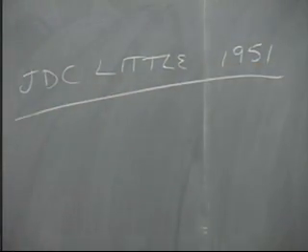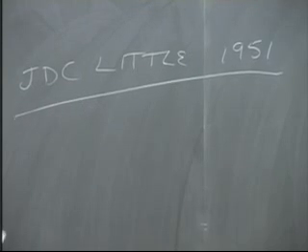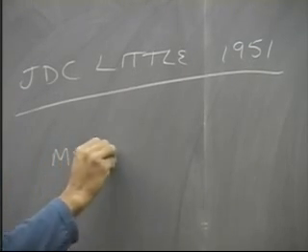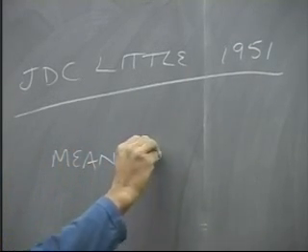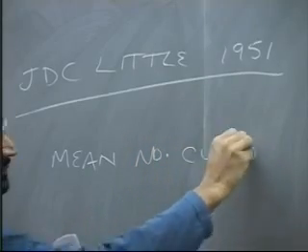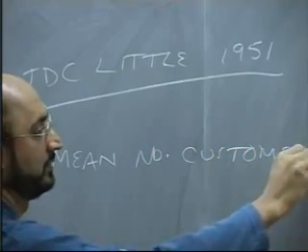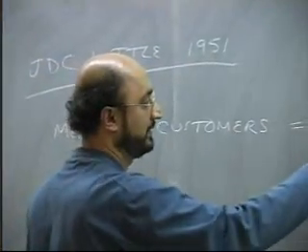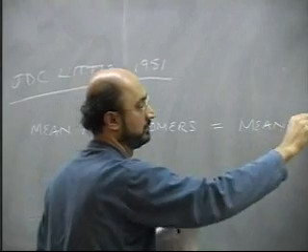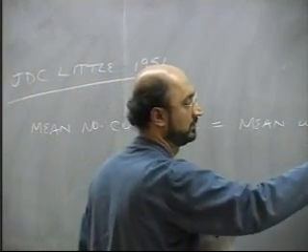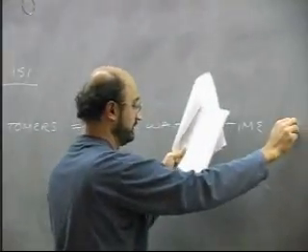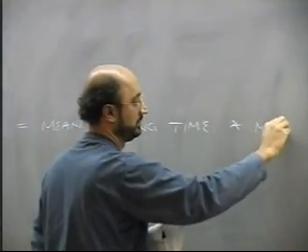it's a law that's so simple you don't need any maths to write it. You can just write it like this. You can say, mean number of customers in any queuing system is equal to the product of the mean waiting time times the mean arrival rate.